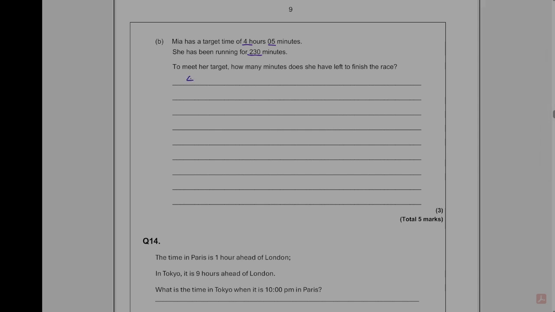So that's going to become 4 times 60 plus 5, so that's going to be 245. So she's been running for 230 minutes. If I subtract those 2 times, that's going to give me 15 minutes. So she has 15 minutes.